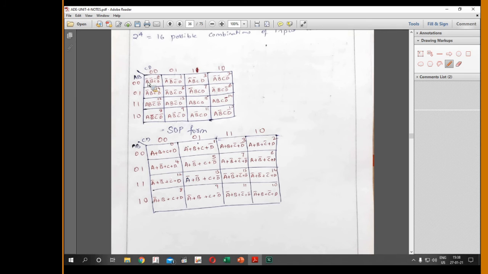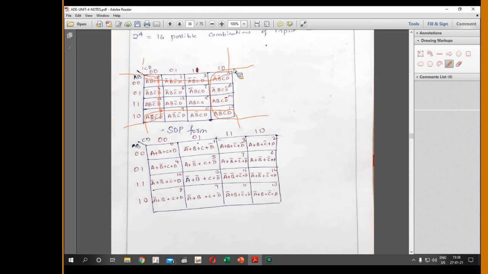Remember this? So M0, M1, M3, M2 are adjacent. So here, these are adjacent. The topmost row is adjacent to the bottommost row. The leftmost column is adjacent to the rightmost column.